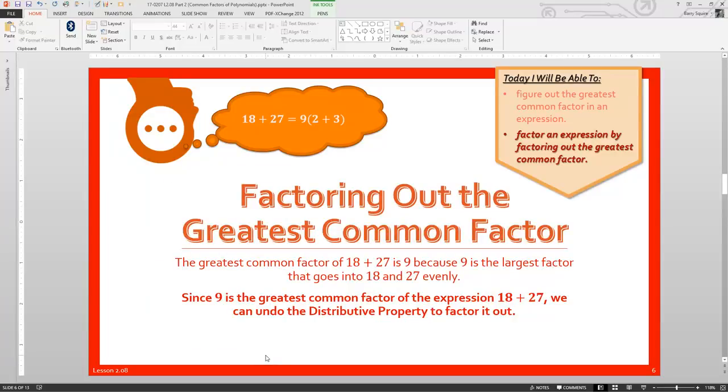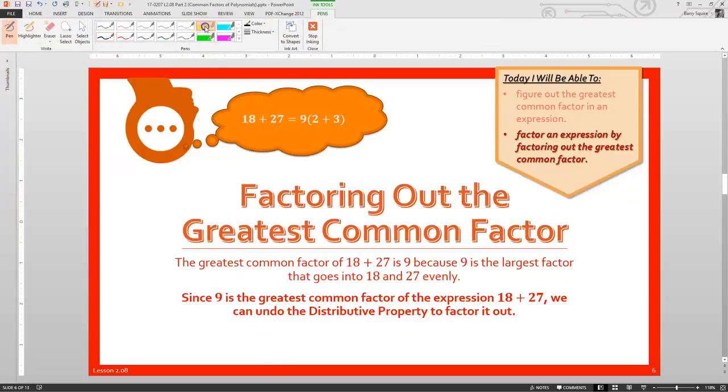So we started here in this section about factoring out the greatest common factor. And our examples were using 18 plus 27 because 9 is the greatest common factor. And right here, up at the top, is how we would write it as factored.